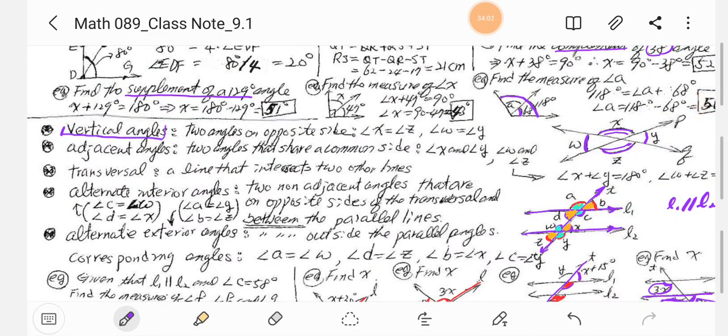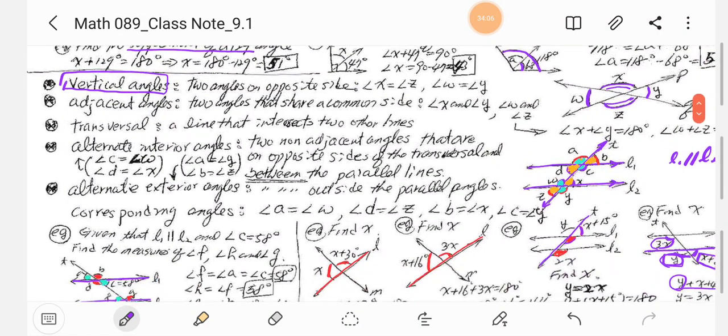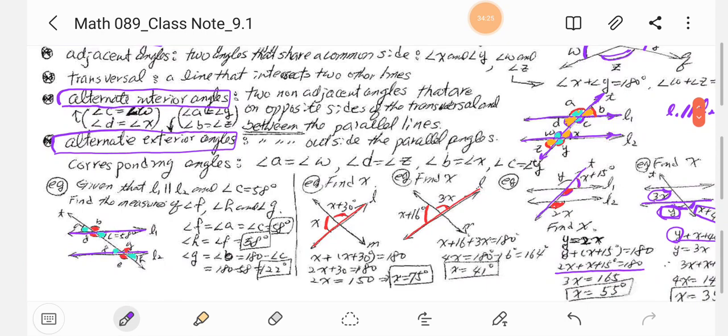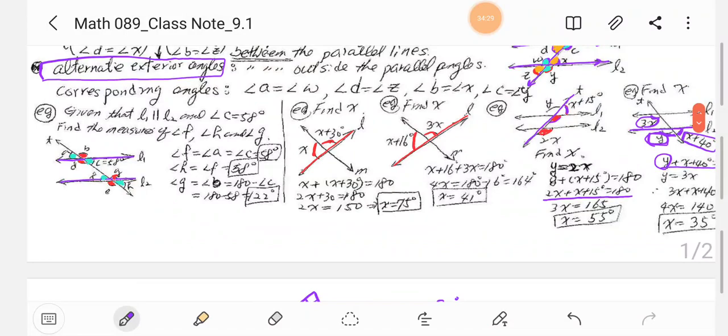Vertical angles. So vertical angles are the same, and alternate interior angles. Alternate interior angles, they are the angles inside two parallel lines, but they are the pair. One is left of a transversal and the other one is right side of the transversal. So alternate interior angles are the same, alternate exterior angles are the same.